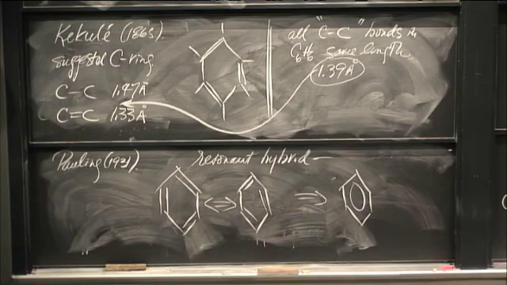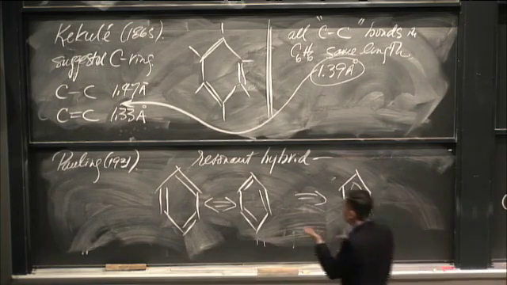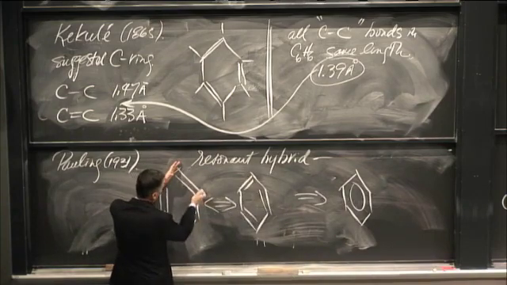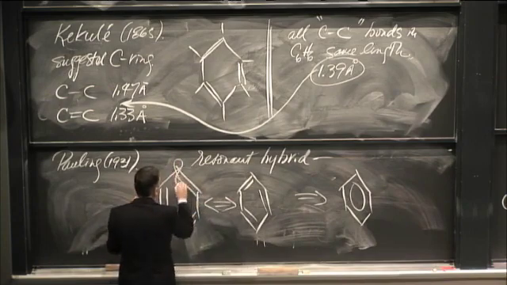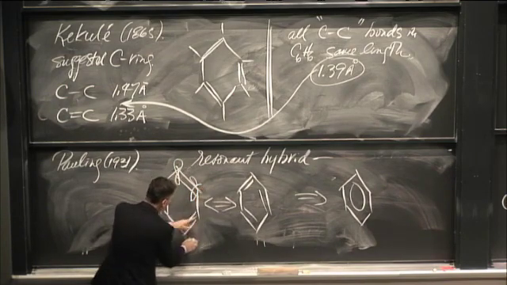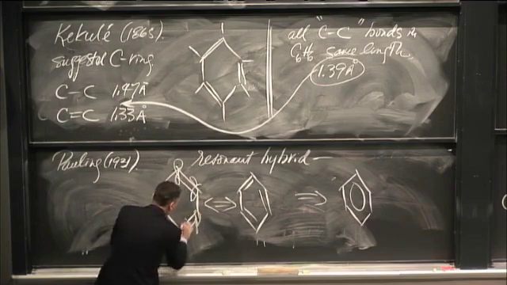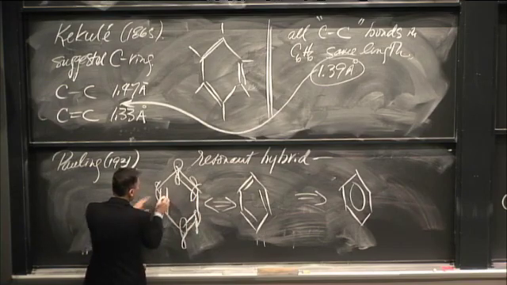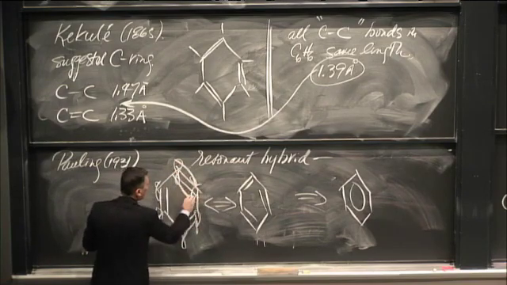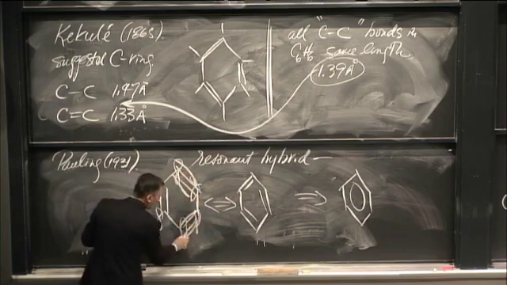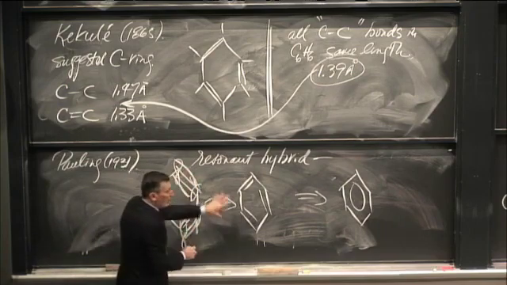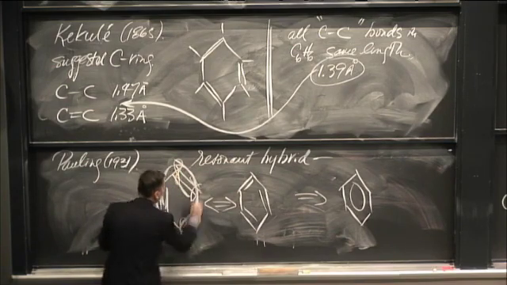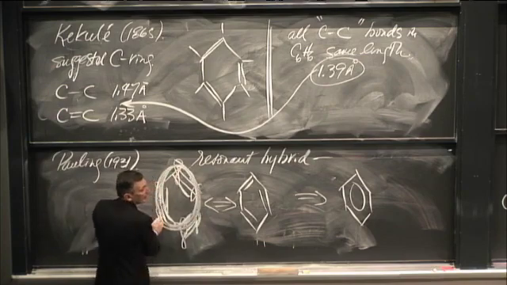The other thing is, if all of these bonds are the same length, then between the 12 o'clock position here and the 2 o'clock position there is pi bonding, and along this double bond there's pi bonding, and along this double bond there's pi bonding. But if all of the bonds are the same length, I can't say that the pi bonds are confined to where the double bonds are indicated, because resonance indicates that it could be between adjacent carbons. So that means that the electrons, in fact, can go all around.